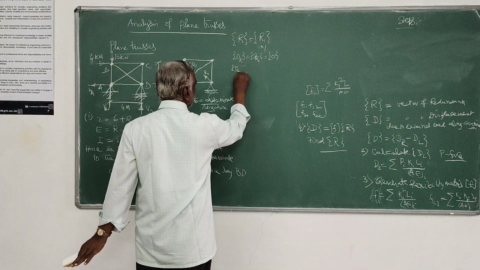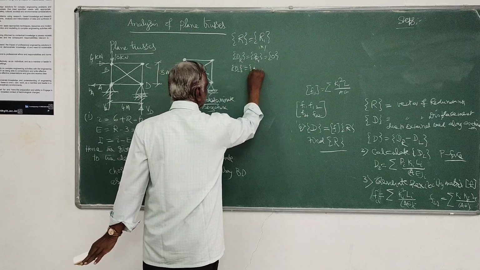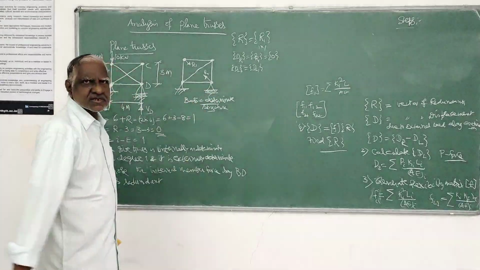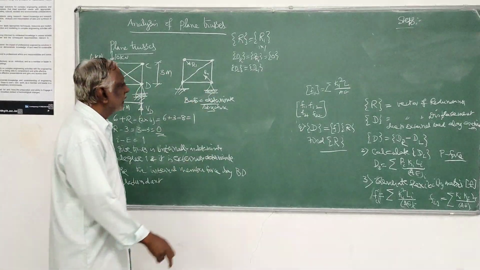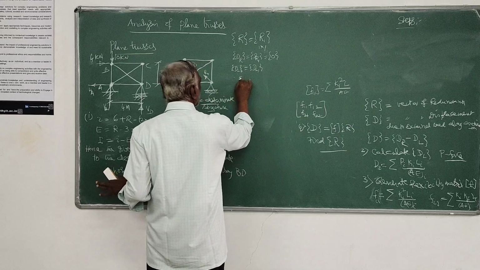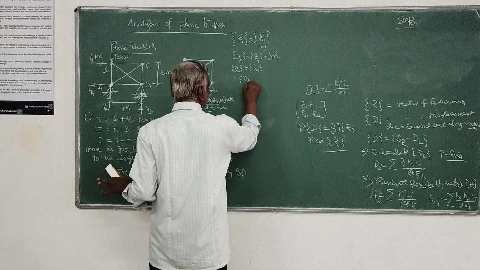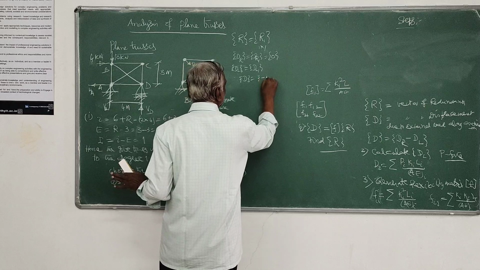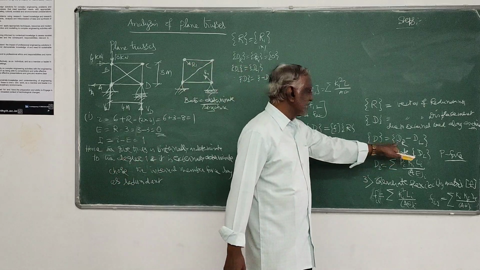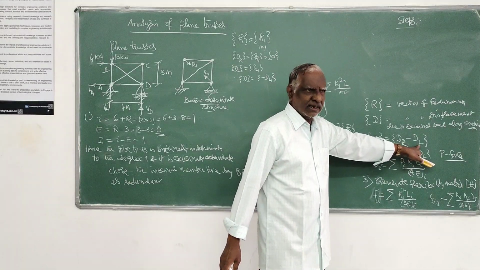Only I have to determine DL, that is only the displacement along this force direction, that's DL1. So that I have to determine. Therefore, my D is equal to minus DL1, because D is DR minus DL.